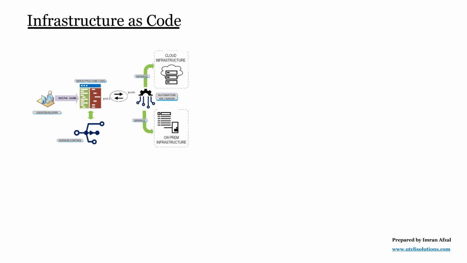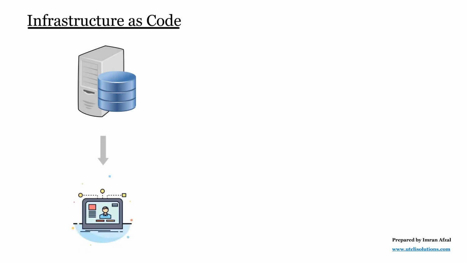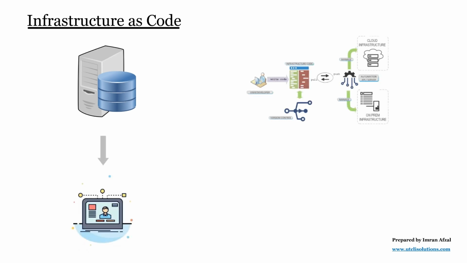Please note that infrastructure as code always involves automation, just like configuration management. To put it as an example, suppose you want to create a new server for your application. With IAC, you will write code that will define the way the server should be set up.